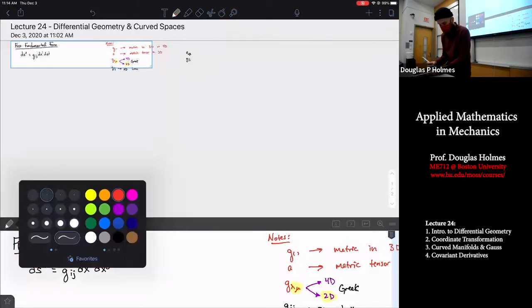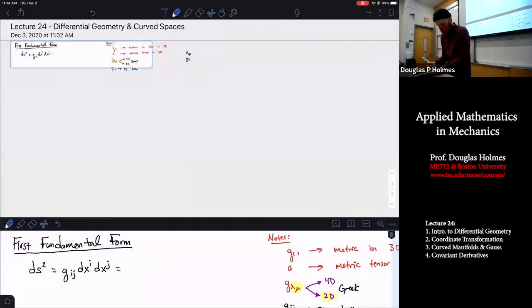And so you might write down that the length of your object is going to be determined by, let's say, g bar kl. Actually, I'm going to do this a little differently.